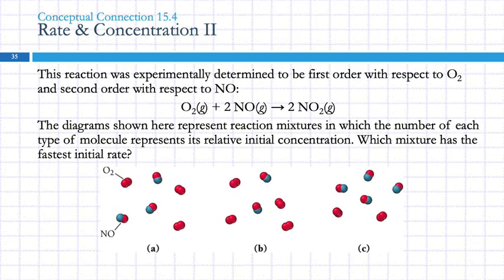Okay, so let's look at this. The reaction was experimentally determined to be first order with respect to oxygen, second order with respect to NO. The diagrams shown here represent reaction mixtures in which the number of each type of molecule represents its initial concentration. Which mixture has the fastest initial rate?